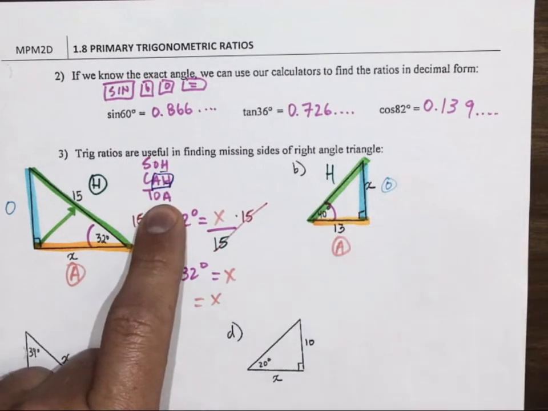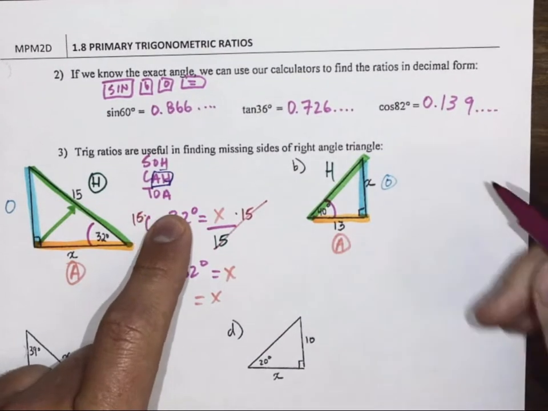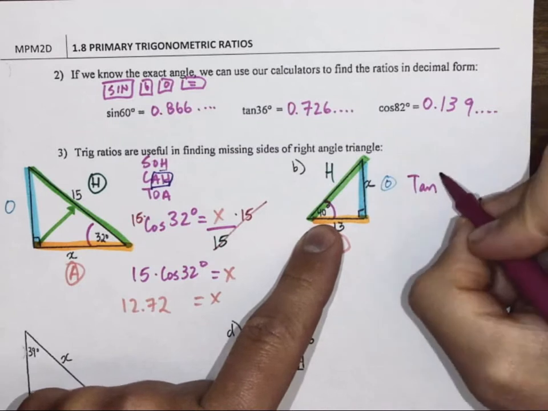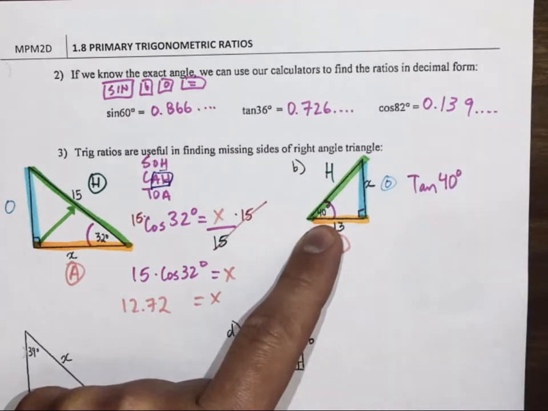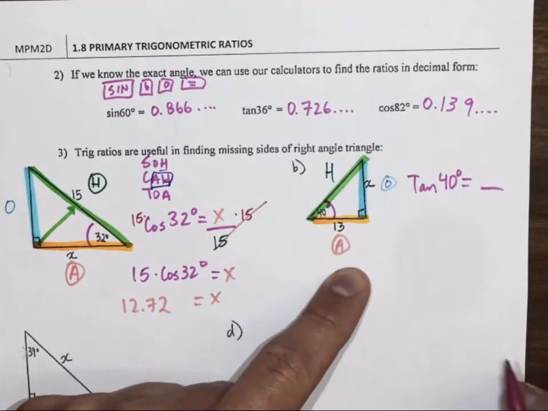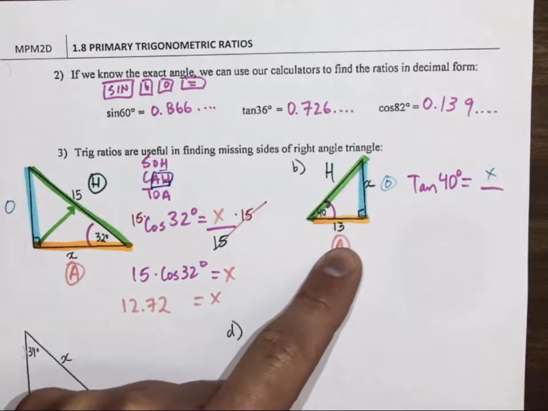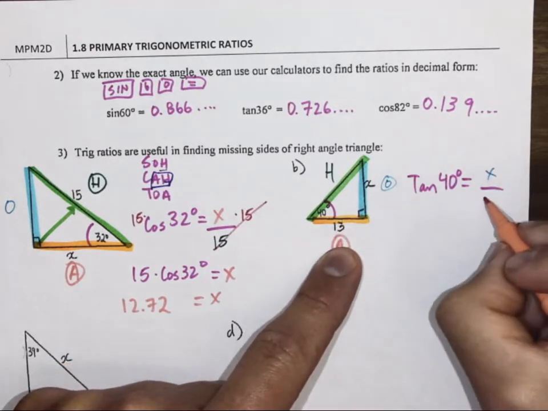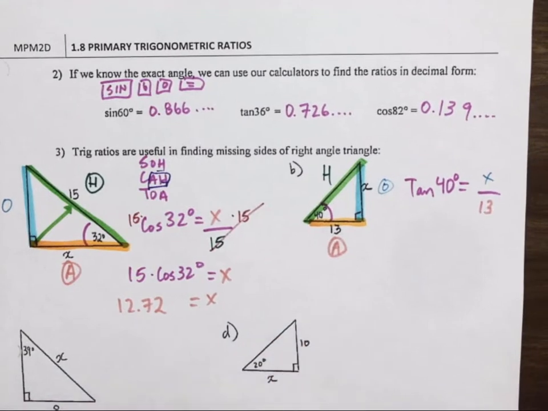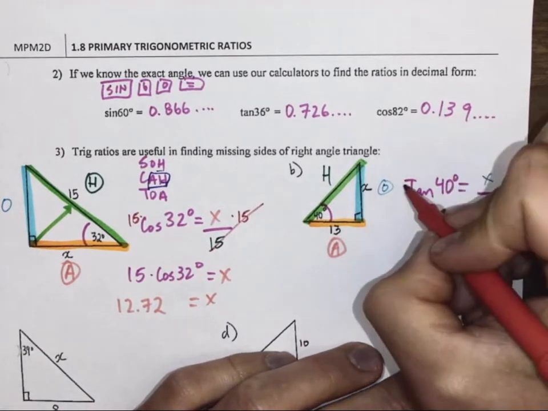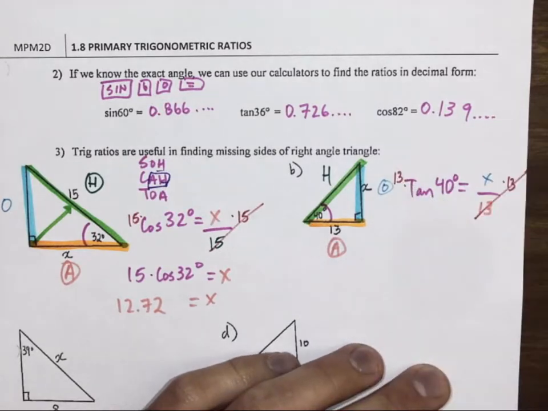Okay, so this time I'm going to use tan. So again, I write tan of the actual angle in the corner I was looking at is going to equal x over 13. Rearrange to solve for the unknown, times 13, times 13.